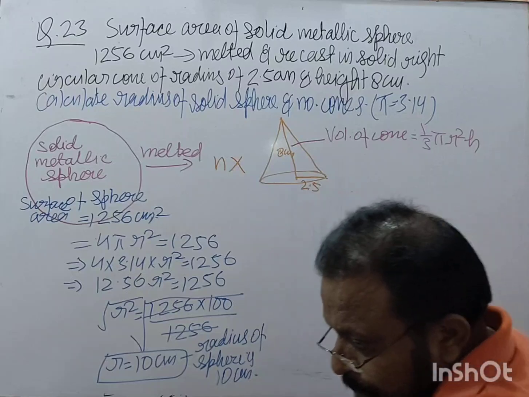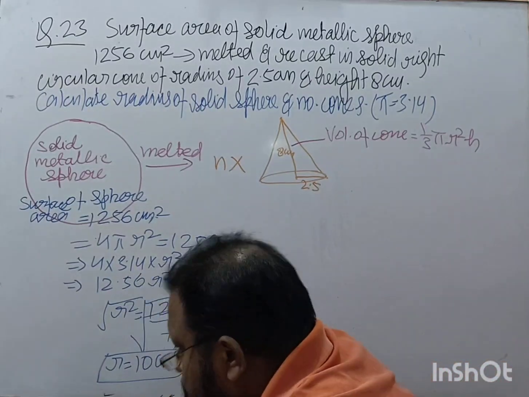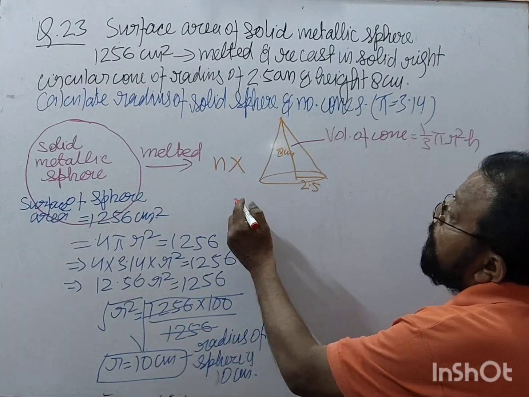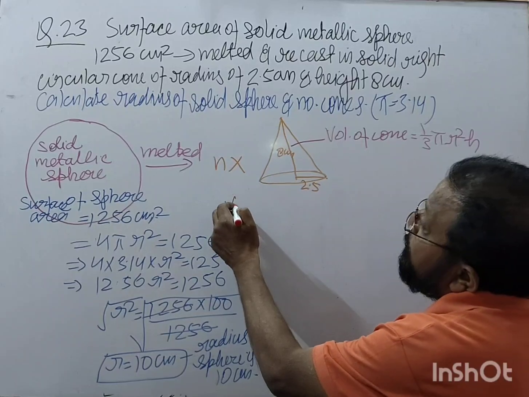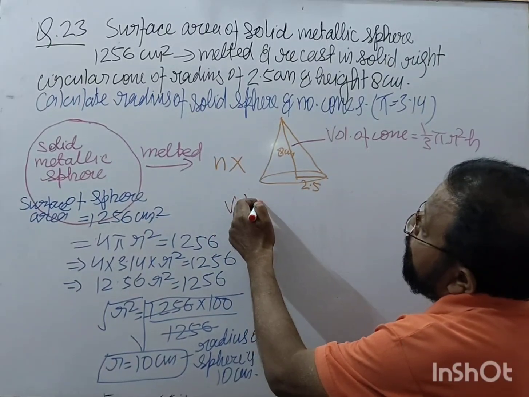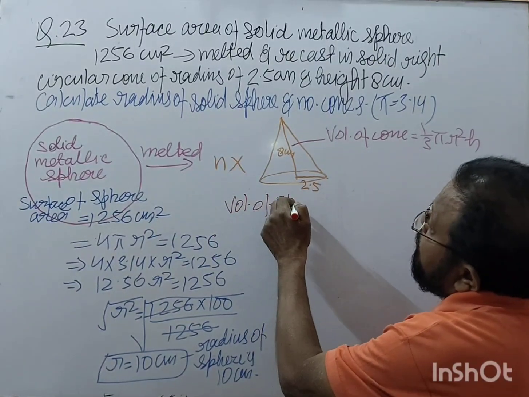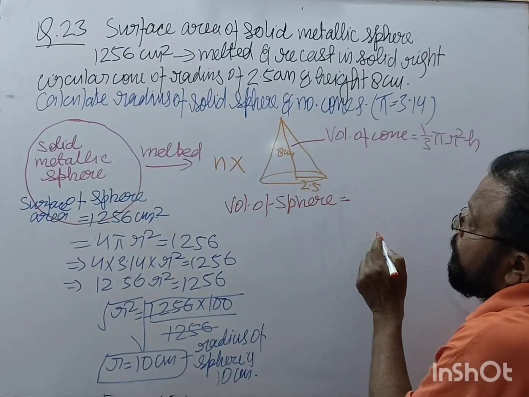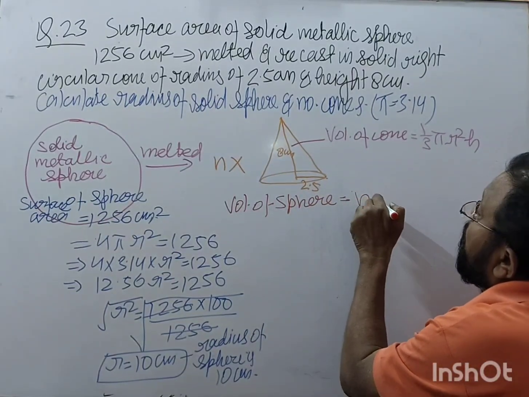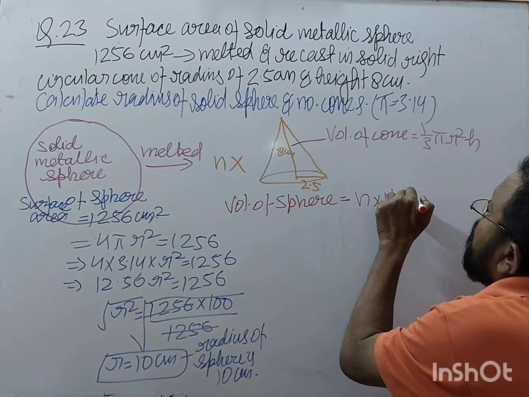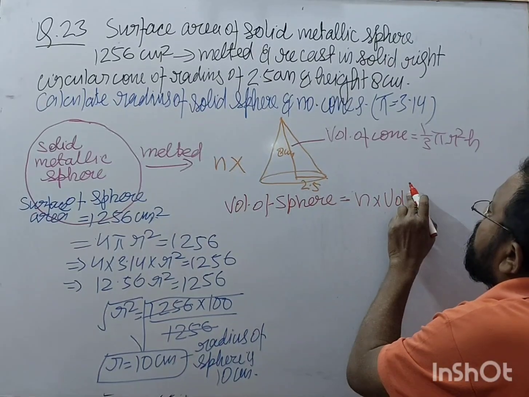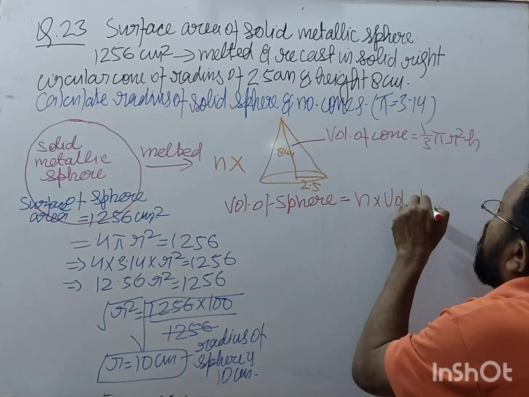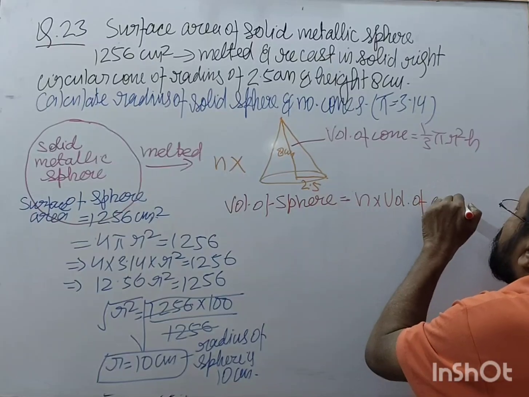So the volume of sphere is equal to n into the volume of a cone.